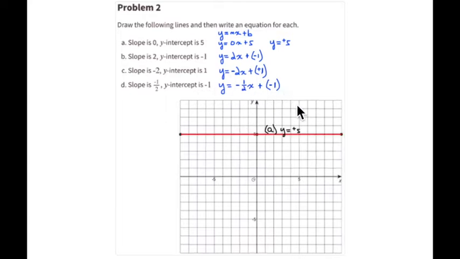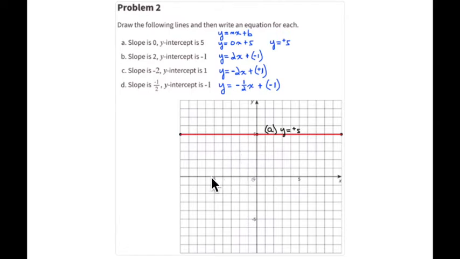So graphing each of those equations, the first one says y is equal to positive 5. Remember, that's going to be a horizontal line that's parallel with the horizontal axis, or the x-axis, because you can move anywhere along the x-axis, but the y-coordinate is always going to be a positive 5.